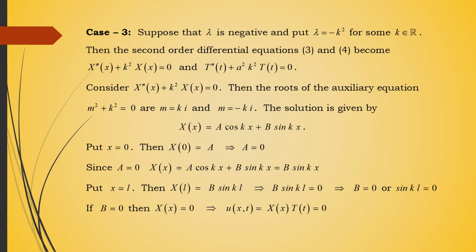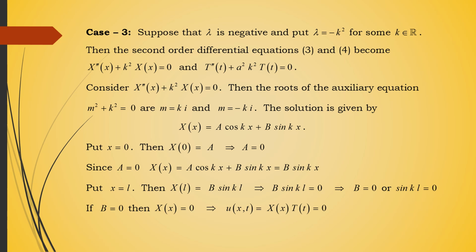Put small x = 0, then we get X(0) = A cos 0 + B sin 0. Since cos 0 = 1 and sin 0 = 0, we obtain X(0) = A. But X(0) = 0. X(0) = A and X(0) = 0 gives us A = 0.